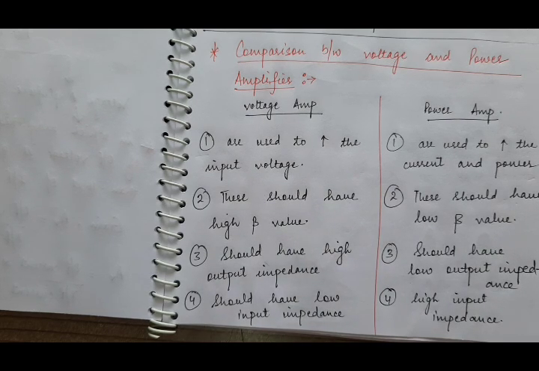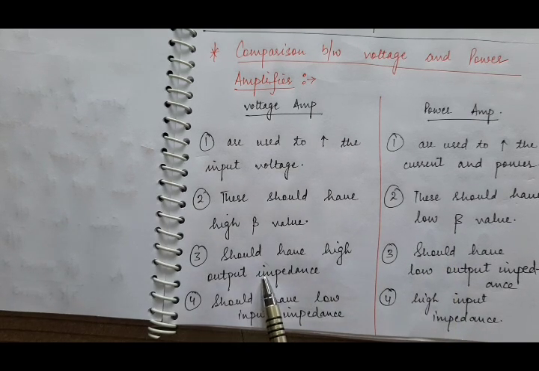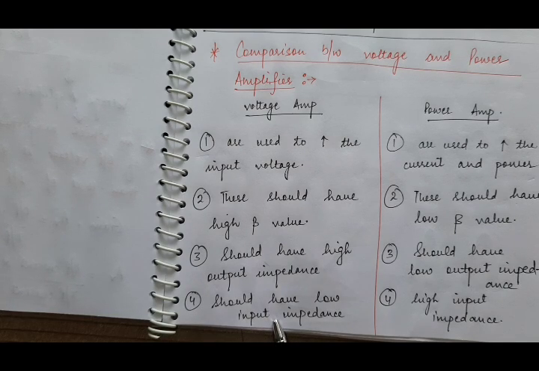In case of voltage amplifier, the transistor should have high value of beta, but in case of power amplifier, the transistor should have low value of beta. In case of voltage amplifier, the transistor should have high output impedance, but here it should have low output impedance. And in case of voltage amplifier, the transistor should have low input impedance, but here it should have high input impedance.